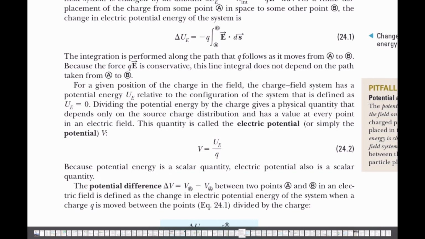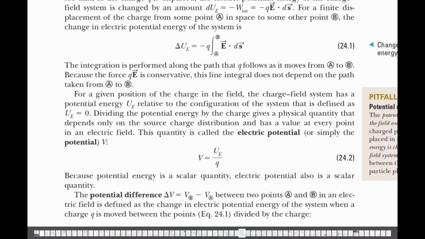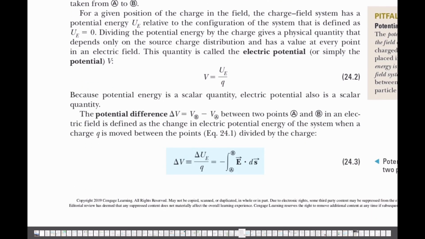This quantity is called the electric potential, or simply the potential V. And they introduce it over here: V is equal to electric potential energy per charge, Q. Electric potential energy divided by Q.